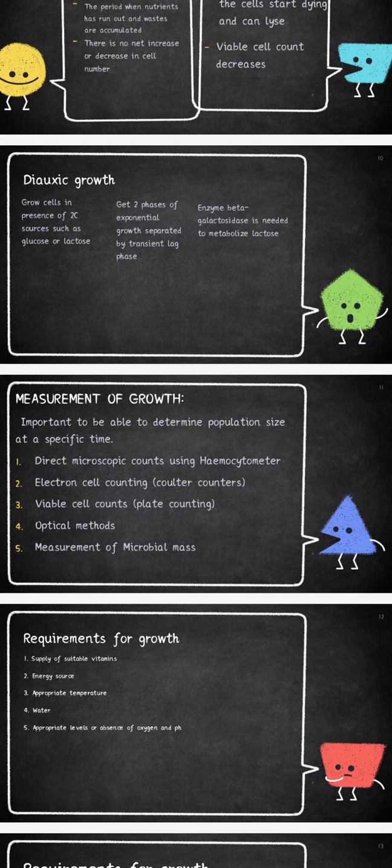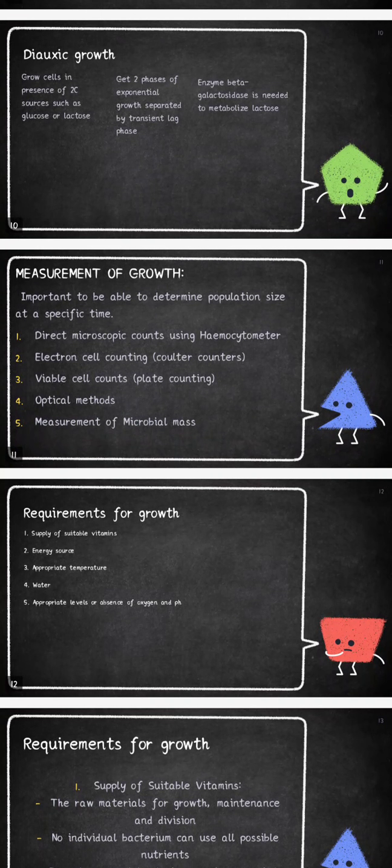So the measurement of the growth of the population size over specific time is used to quantify the severity of an infection. There are several approaches, all of which measure cell number or estimate cell mass.